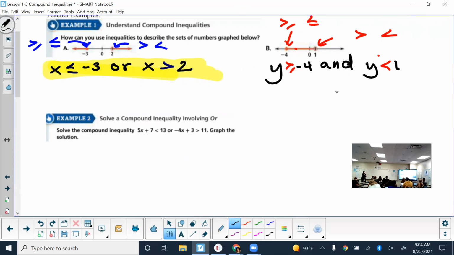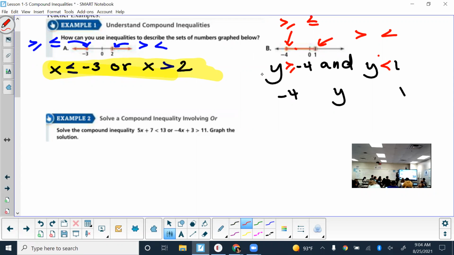You'll take whatever variable you use and put that in the middle. Put the numbers on each side, the ones with the circle on them. And then since you've already done this, just make sure that you're keeping the opening, the mouth, whatever you want to call it, towards the bigger number.